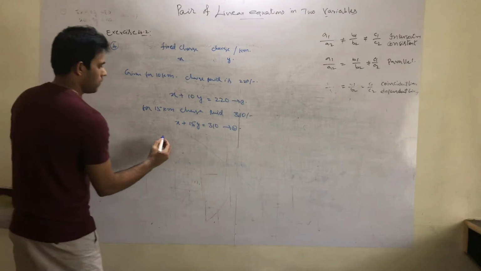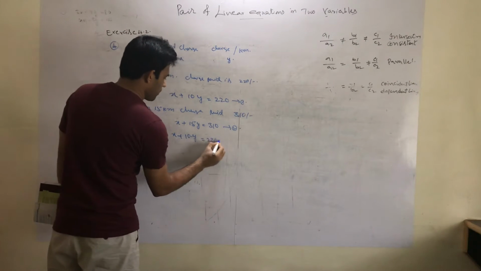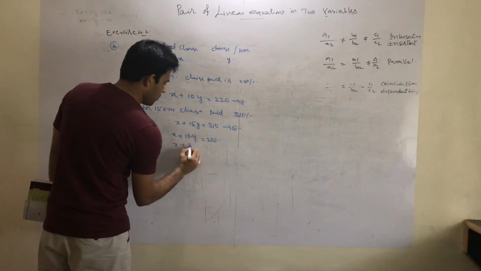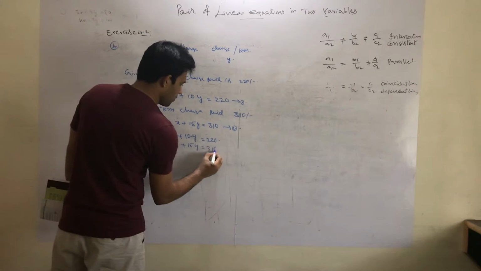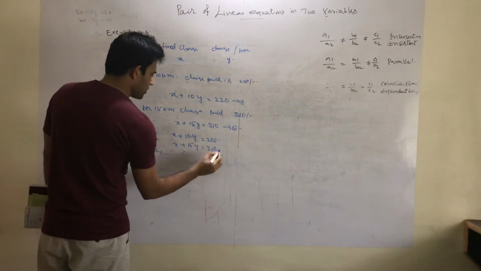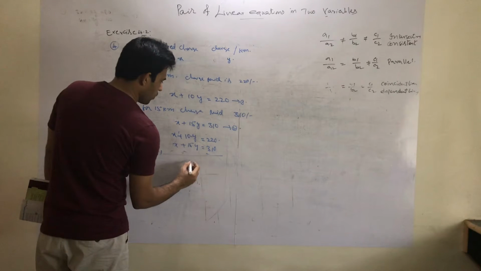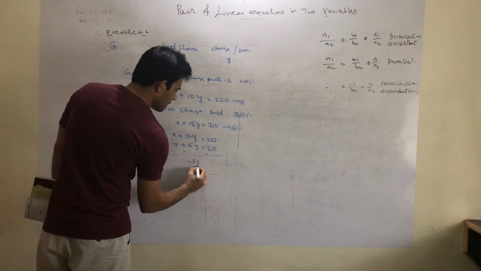Let's solve. x plus 10y equals 220 and x plus 15y equals 310. I'll subtract them, so the signs become minus, and the x goes off. 10y minus 15y becomes minus 5y.